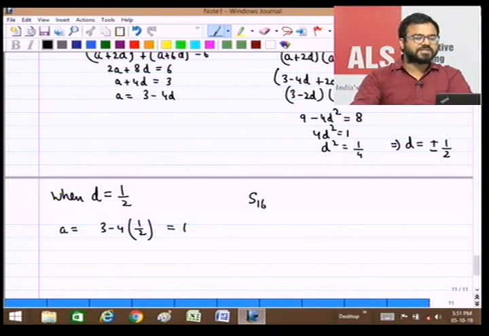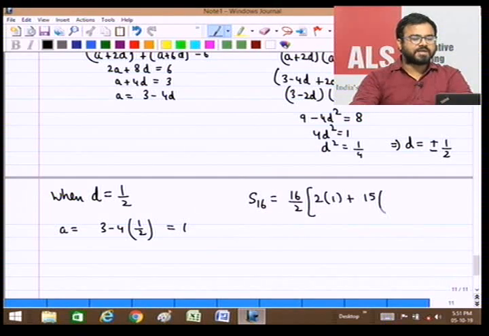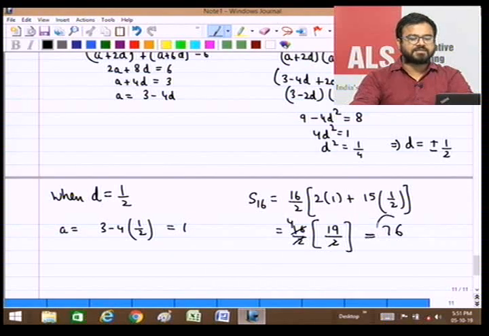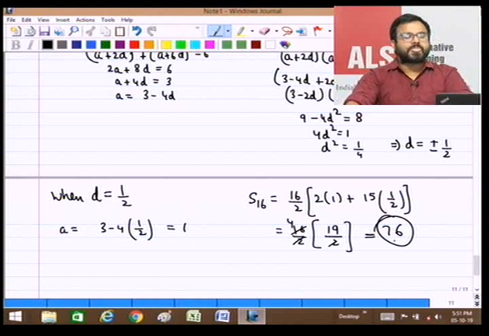So the sum of 16 terms is n by 2 into 2A plus 15 times D. So that would be 16 by 2 into 2 plus 15 by 2, which becomes 19 by 2. So it will be 8 times 19 by 2, that is 4 times 19, 76, which is the answer for the first case.